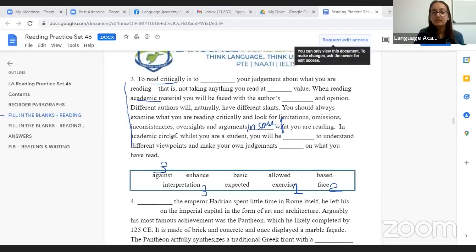In academic circles, while you are a student, you will be dashed to understand. So it becomes the third form of verb. You will be expected to understand. Like when we read books in schools, the teacher expects us that we will understand. You will be expected to understand different viewpoints and make your own judgments, dash on what you have read. So based on is what everybody has got correct. So make our judgments based on what we have read.